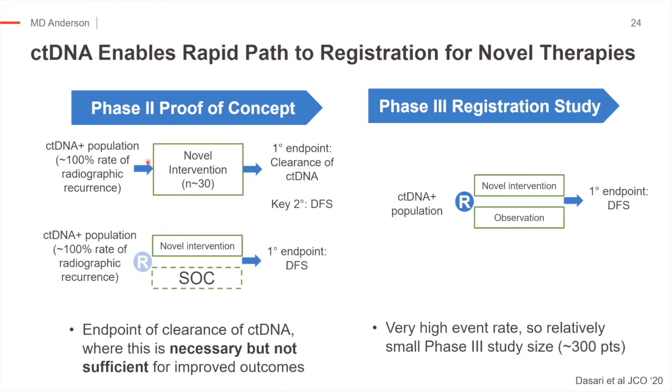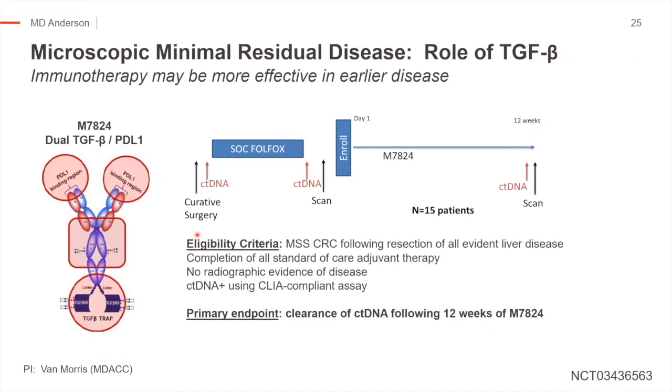Let's try it in 30 patients that are ctDNA positive with nothing evident on the scans, try a novel therapy that looks really promising, generate momentum, and see if we can actually cure some of these patients. And from a drug development perspective, this is good because we need partners, pharmaceutical industry and the NCI, to bring novel interventions together. So I think that's exactly it.